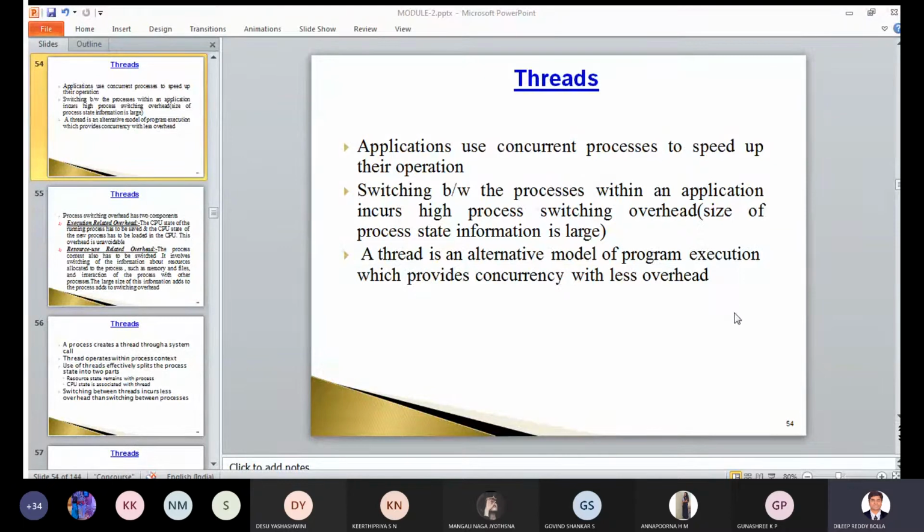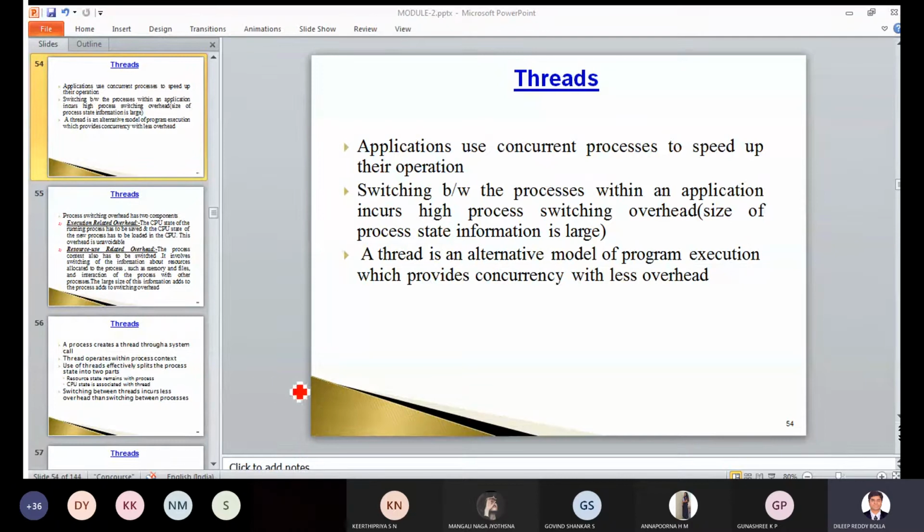So this one process, what will it do? We have something done with one process. And let us say we have some other process here, the second process. To switch from one to the other, and again we have to turn back from the second to the first process, it will take a lot of time now.